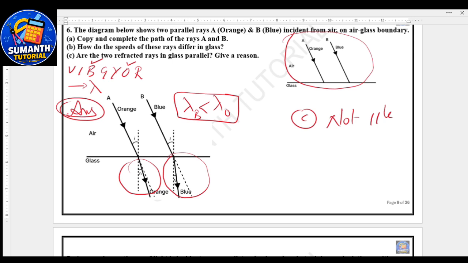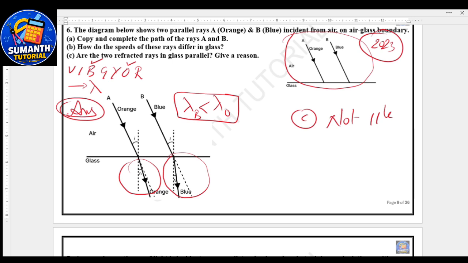You know it very clearly, as they deviate at two different angles, they cannot be parallel. That is a common thing. Sure, this is one of the good questions. This question was asked in 2023.